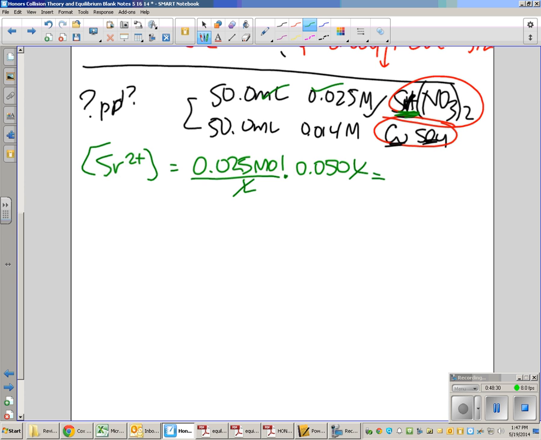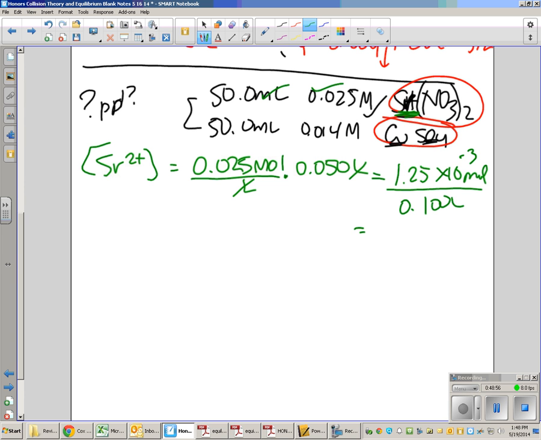Let me write it down. So that's 1.25 times 10 to the negative 3 moles. I like scientific notation, sorry. And then I need to divide by my total volume. What's my total volume? 100 milliliters, so 50 and 50, so 0.1 liters, right?